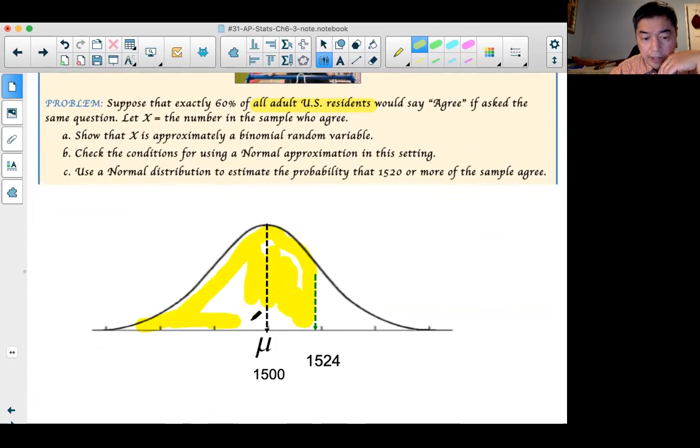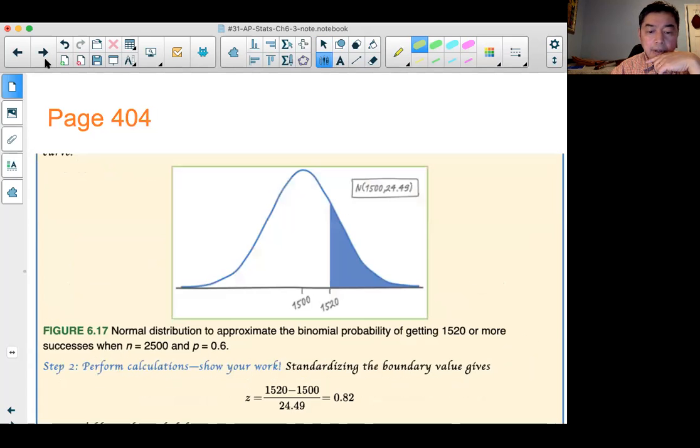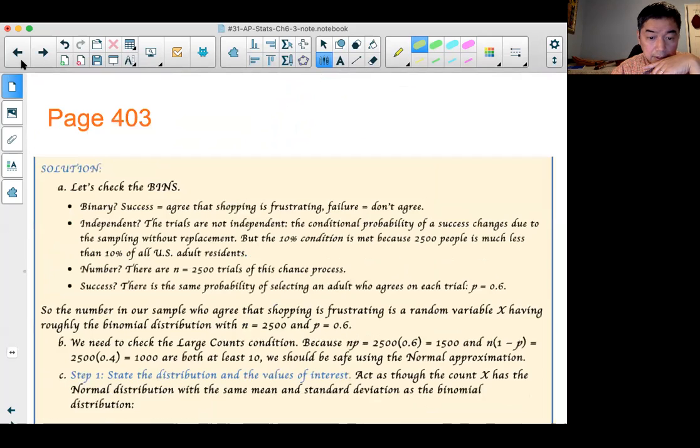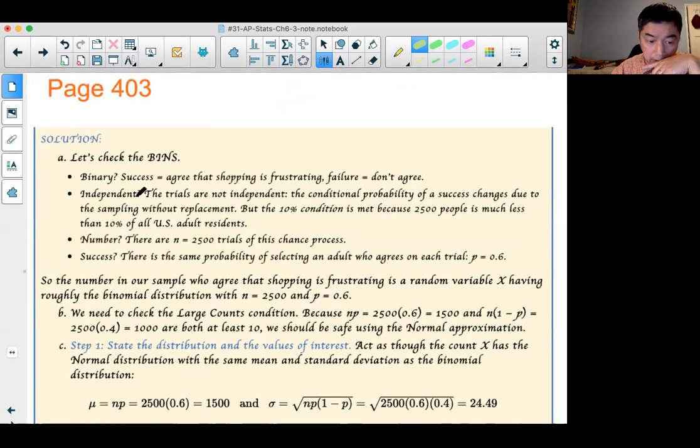Okay, so I highlight this. So how do you get this one? The probability. Right? Okay. So let's see. Oh, the other way around. Let me double check. Upward binomial distribution, more success. Success. Let's see.